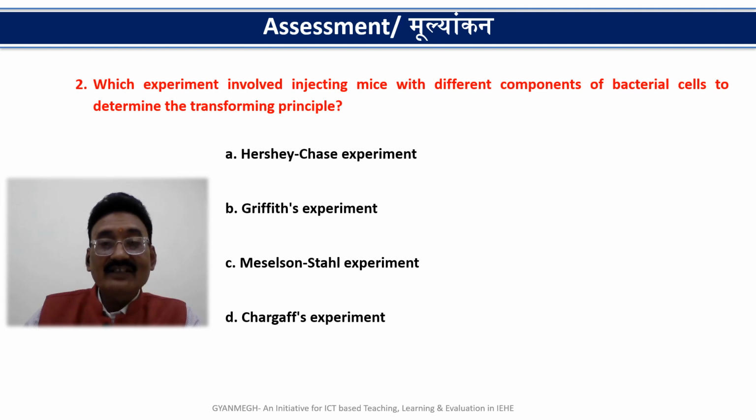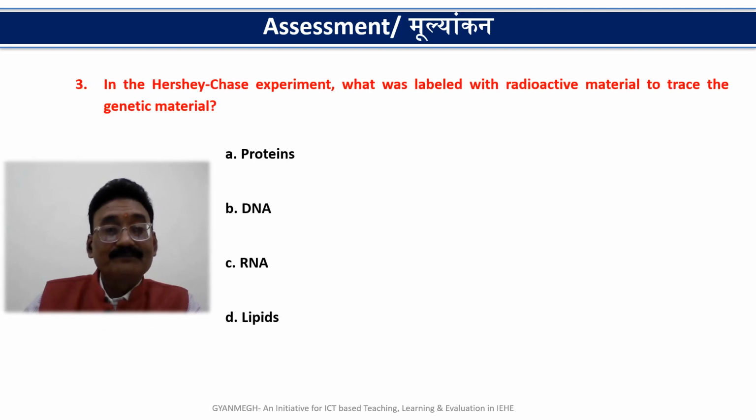Second question, which experiment involved injecting mice with the different components of the bacterial cells to determine the transforming principle? The options are Hershey and Chase experiment, Griffith's experiment, Meselson-Stahl experiment or Chargaff's experiment. The answer is Griffith's experiment.